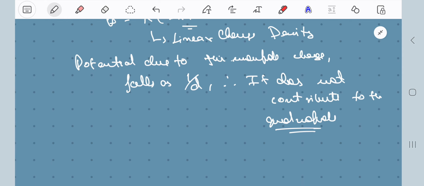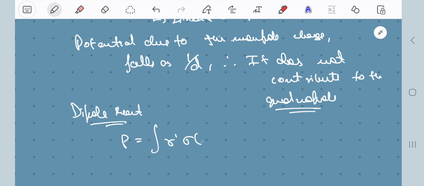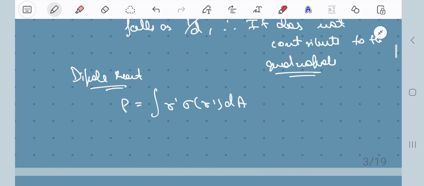Now we need to check whether the dipole contribution adds anything to the quadrupole term or not. So what is the dipole moment? So the dipole moment is basically p is equal to the integration of r prime sigma r prime dA. Fine. But the ring has uniform charge density, right?